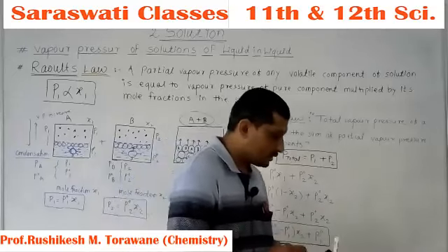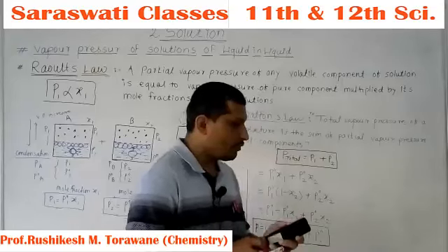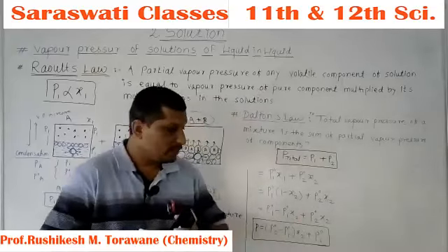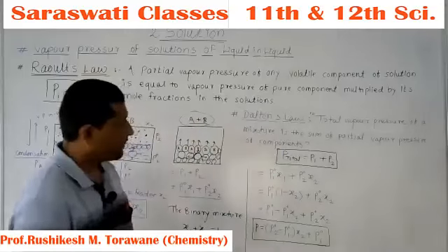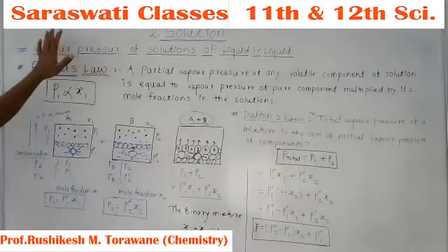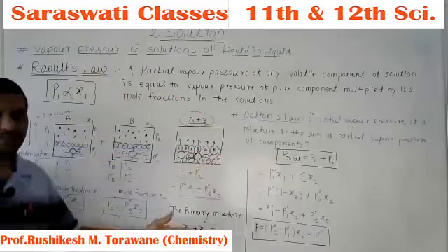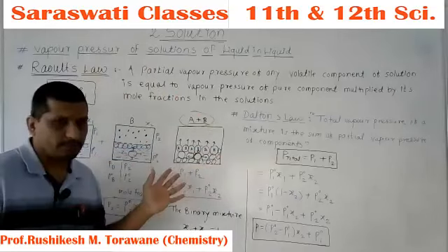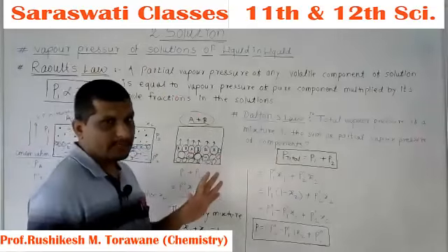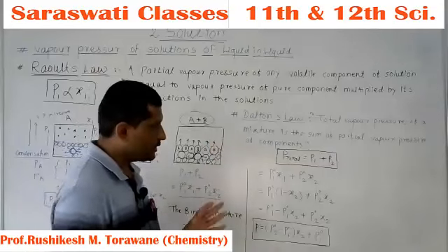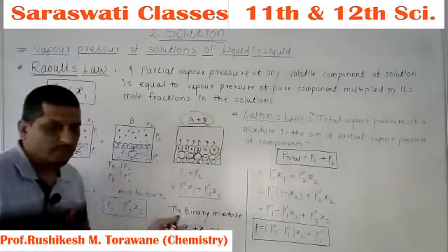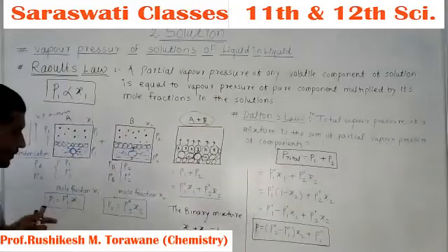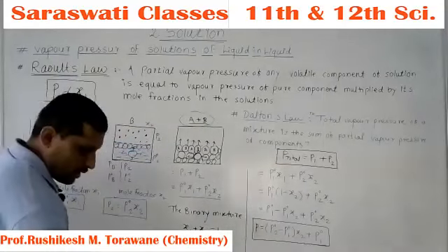Here P naught 1 and P naught 2 are constants. This is how Raoult's law is explained, but a graphical explanation is also important, so we can draw the graph.